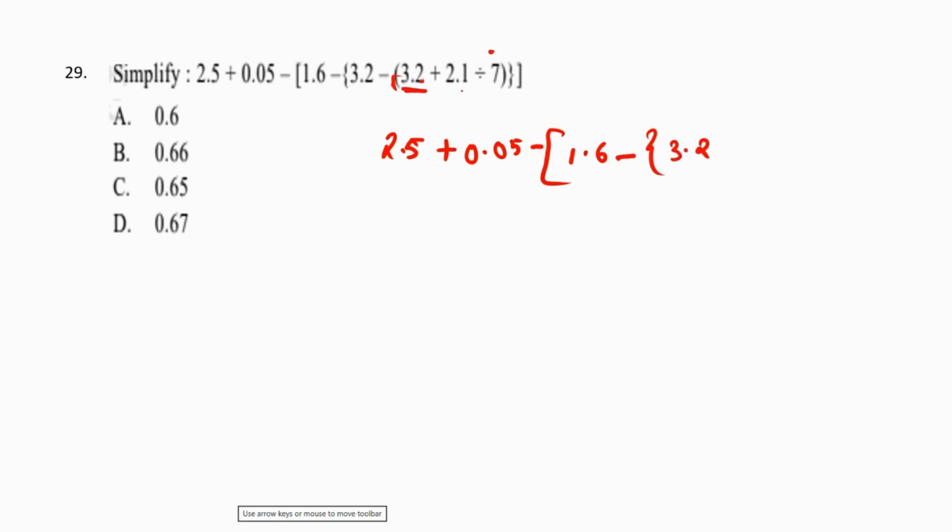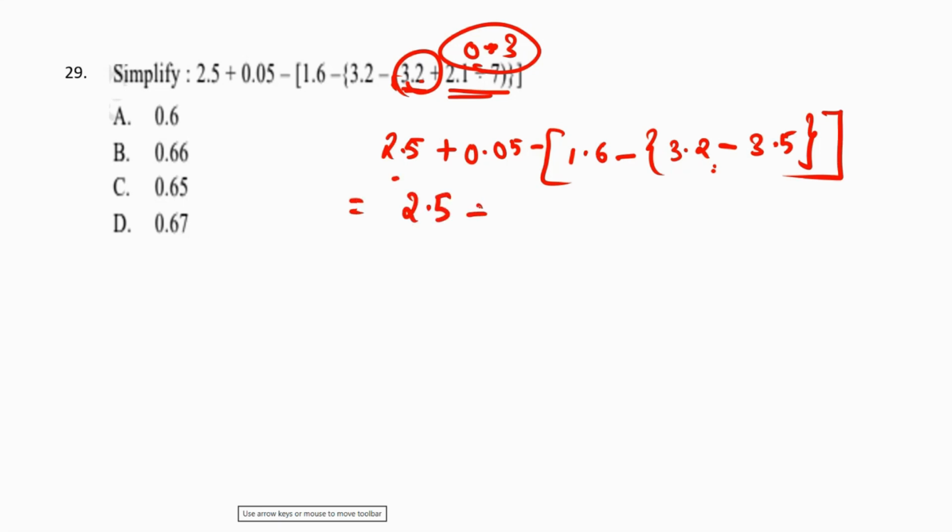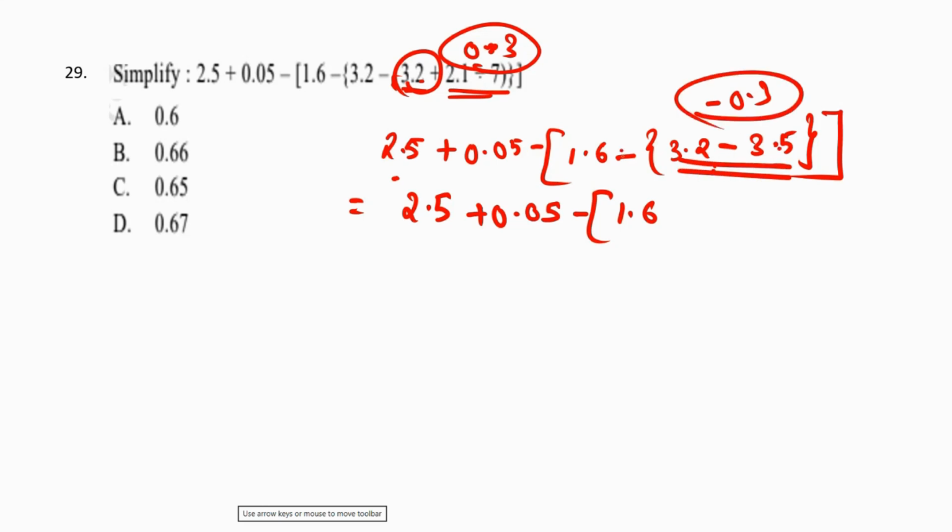If we just solve this one, 3.2 plus, it would be 0.3 after dividing. So 3.2 plus 0.3 is nothing but 3.5. So minus of 3.5 coming up over here. Now we can easily remove the curly brackets in the next step, which is minus of 0.3 coming up as a result of this 3.2 minus 3.5.